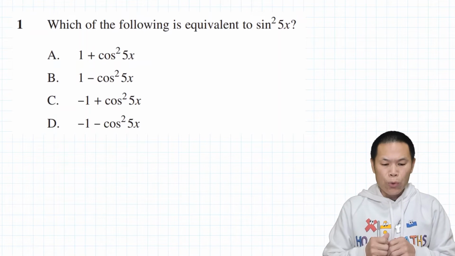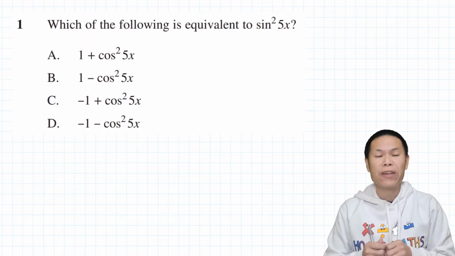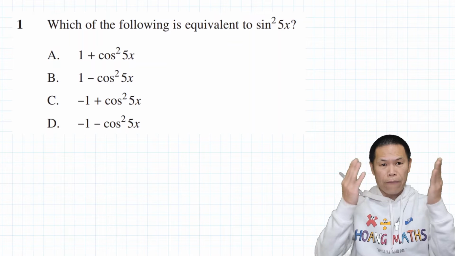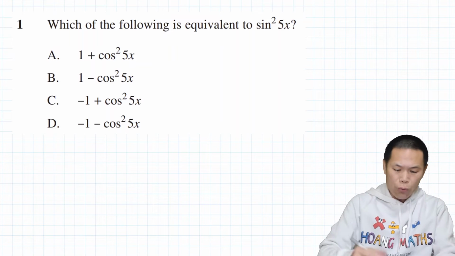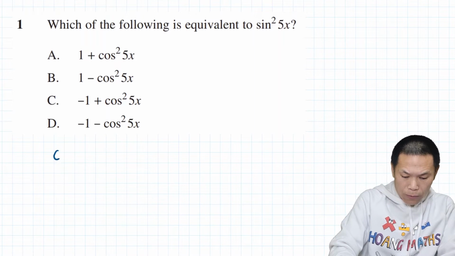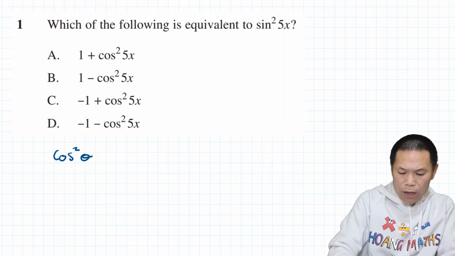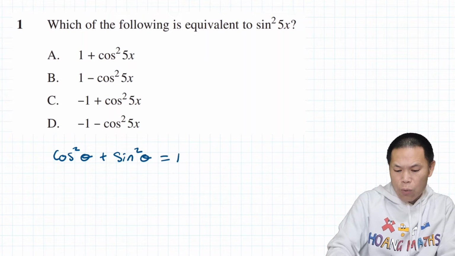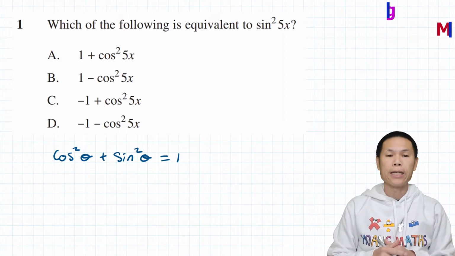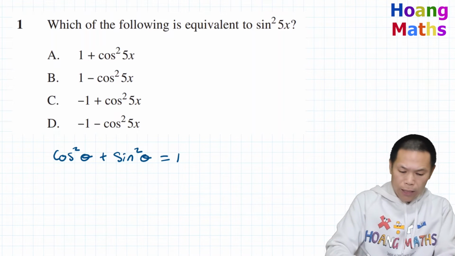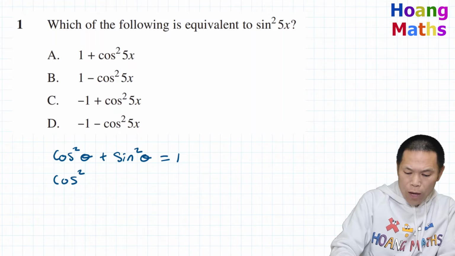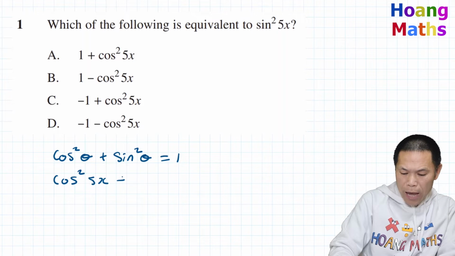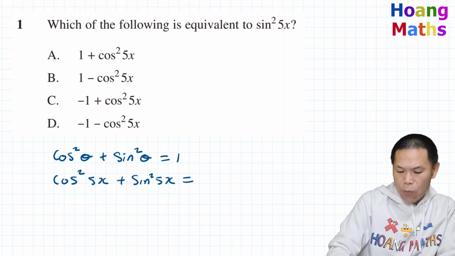First one: which of the following is equivalent to sine square of 5x? First of all, we know that cos square of theta plus sine square of theta is equal to 1. This is one of the trig identities. So cos square of 5x plus sine square of 5x is equal to 1.